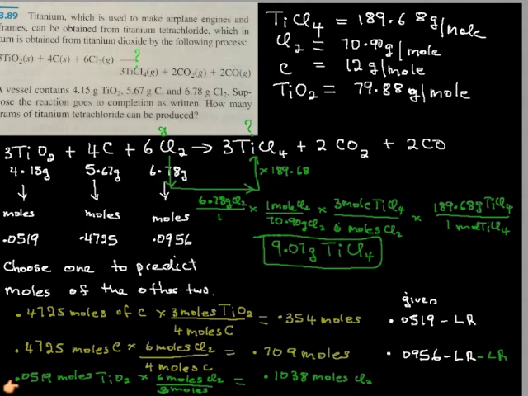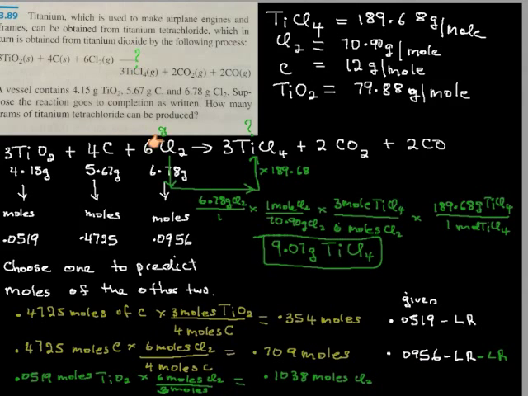Theoretically from 0.0519 moles of titanium dioxide, I will need twice as much chlorine. So I will predict 0.1038 moles of chlorine if I had 0.0519 moles of titanium dioxide. I looked to see how much chlorine was given. Not enough. So chlorine will run out first, and chlorine is my limiting reagent.